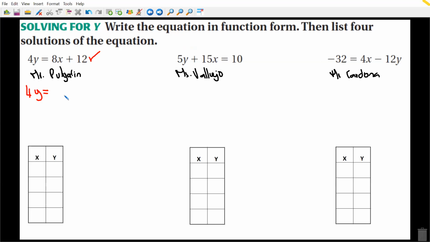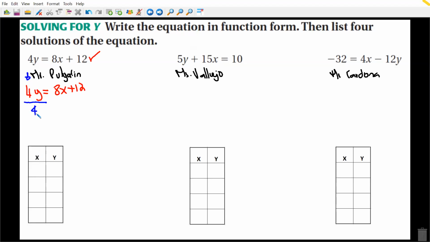So 4y is going to be equal to 8x plus 12. Now, what Mr. Giraldo said is, teacher, before what you did was you added or you subtracted x. But over here, the y is already on one side, but there is a coefficient. And this is called that coefficient, okay? For y. How can you cancel something that is multiplying another number? Dividing. Divided by 4.